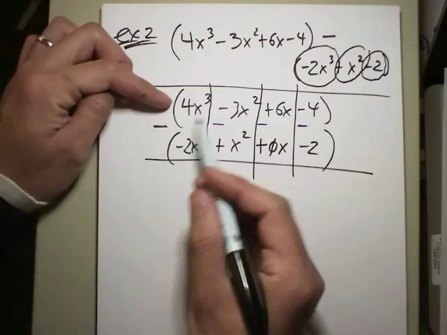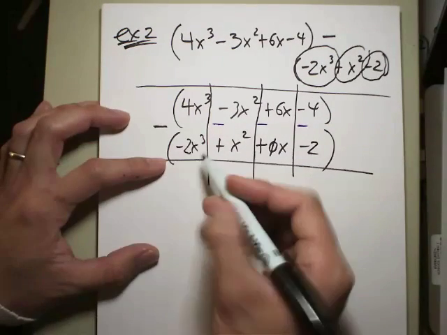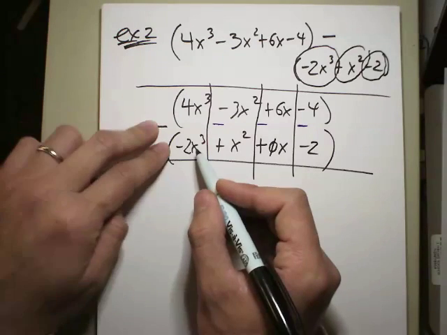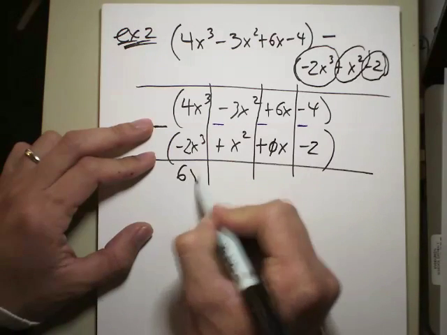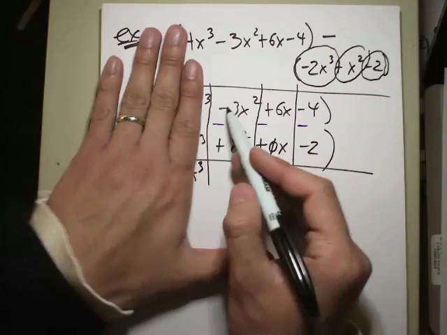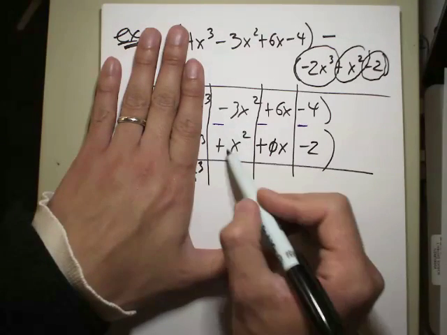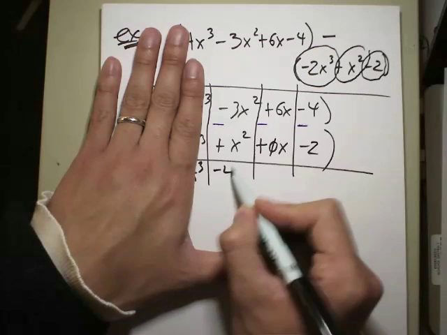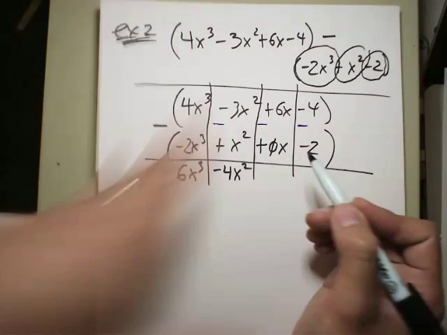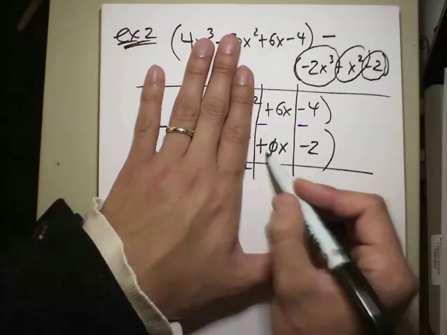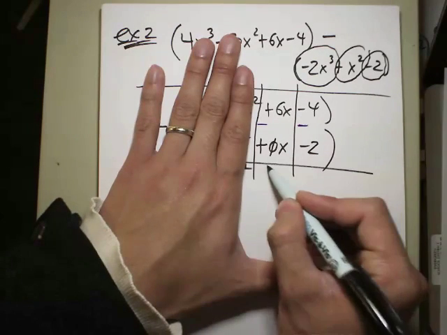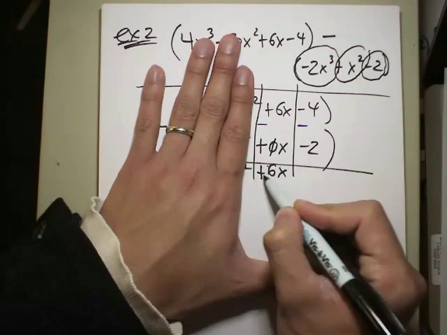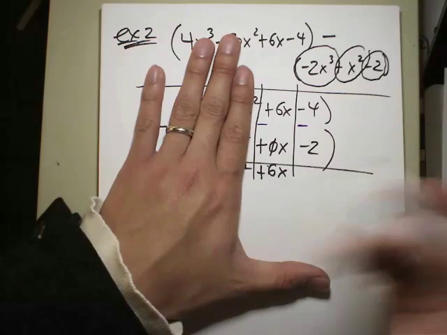If it helps you at all, you can separate them like this, and let's start subtracting. 4x to the third minus negative 2x to the third, that's going to give you a negative become positive, right? So that's going to be 6x to the third. Negative 3x squared minus x squared, that's going to become negative 4x squared. This becomes 6x minus 0x, which is still the same, plus 6x. Remember, the sign has to stay in front whether it's positive or negative, so you still want to write the sign.